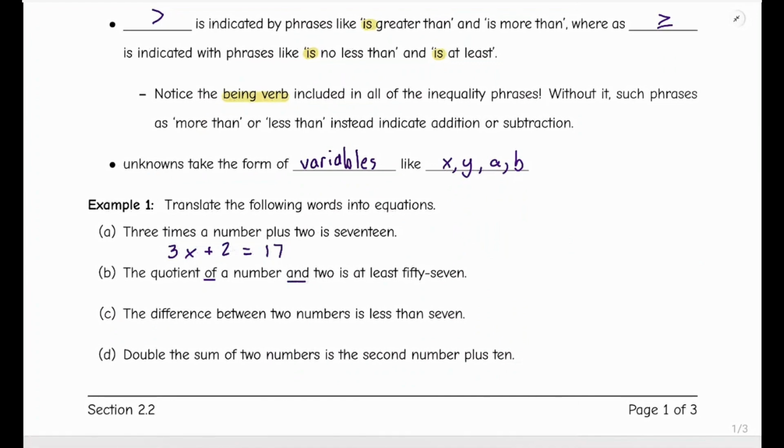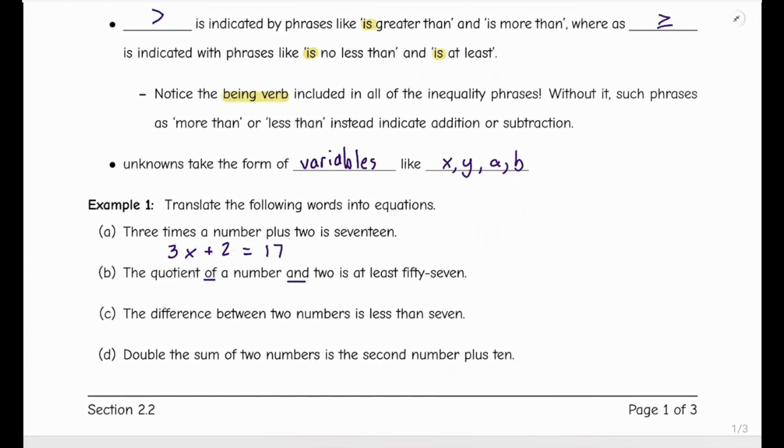Now, the word of can be substituted for words like between, and then the word and can kind of be disguised by saying like two numbers. But in general, look for of and, indicating though that there are other ways to word it.